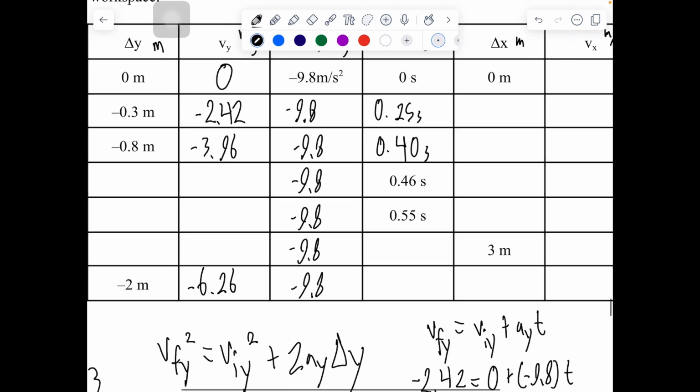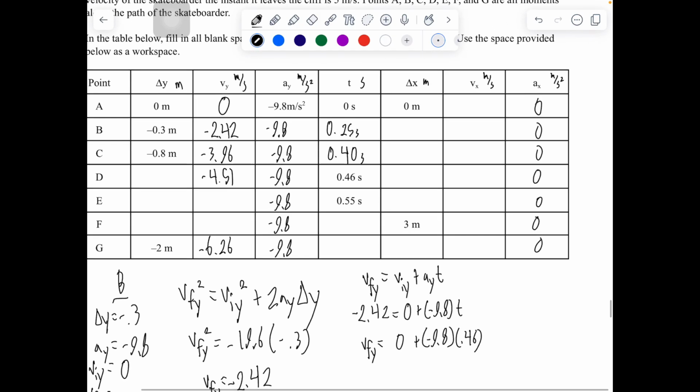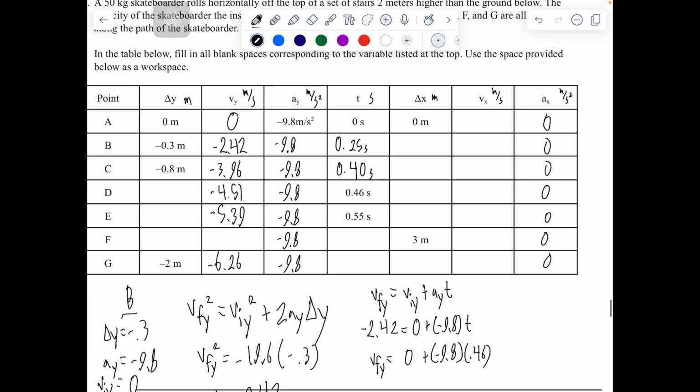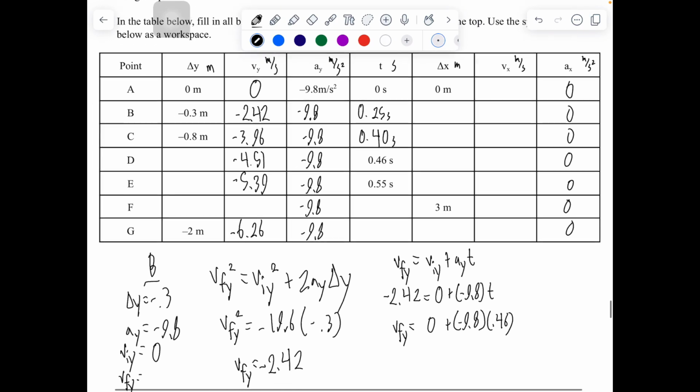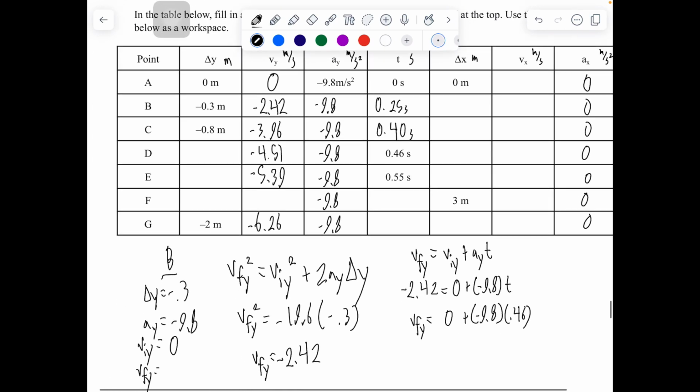We find out, okay, this velocity, negative 4.51. 9.8 times 0.55, negative 5.39. Delta x and velocity x, we have to get a little bit later. We can keep going. Let's make sure we're still recording.